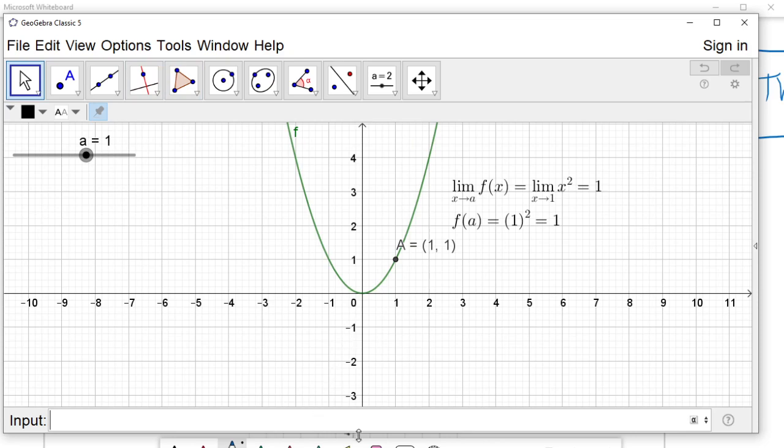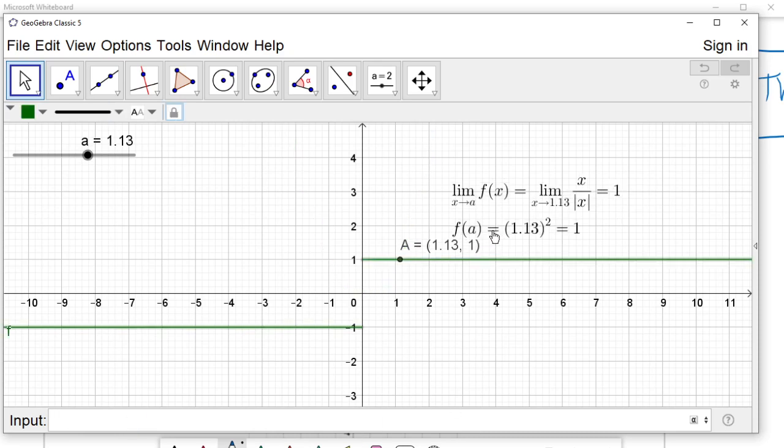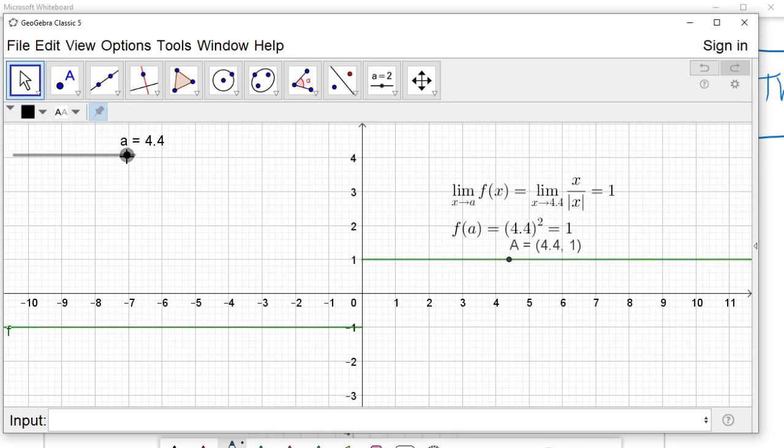Now, suppose we made this function a little bit more complicated, like something like x over absolute value x. Here, I can sub in a in many places, and my limit is +1, and my function is +1.